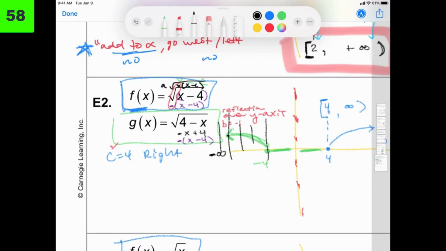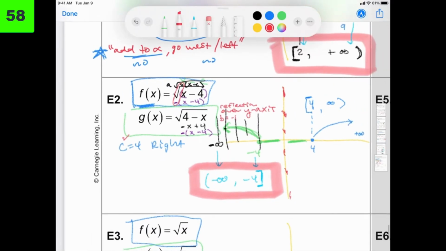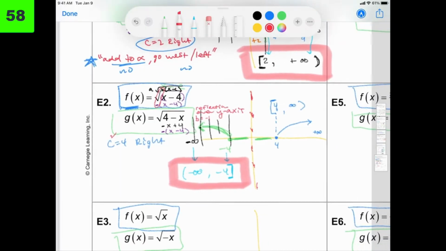So, if I can point this out to you, I just need negative infinity and negative 4. Remember, bracket. Okay, so this would be your answer. That is our new domain after the transformations.